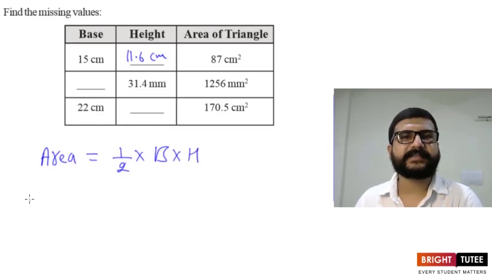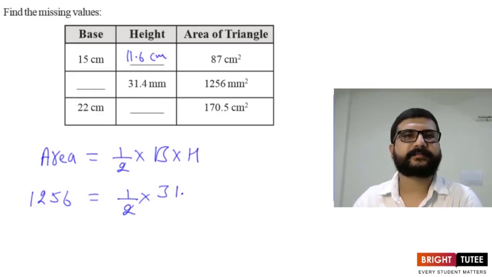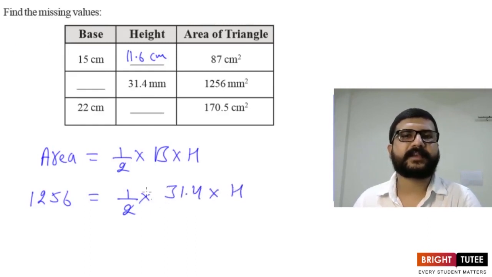Now in this case area is 1256 and this will be equal to half into base, we have to find, and height is already given to us. So it will be half into 31.4 into h. This is the area.